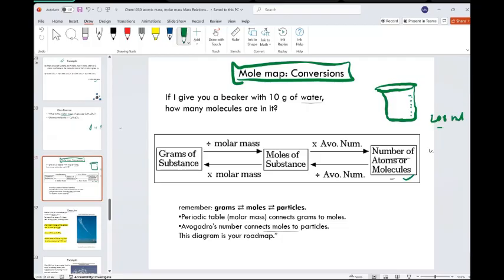And water, you have 10 gram. So can you calculate how many molecules are in it? You just see water in your beaker, right? And molecule is so tiny. Atom is also tiny, and molecule is also tiny.